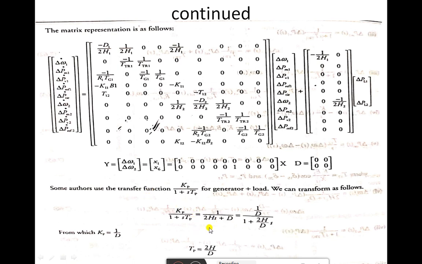So 1 upon 2Hs plus D is nothing but the mathematical modeling for the generator and load. When we considered it earlier, I also explained it at that time. So this is all about the state space modeling of the two area interconnected system.